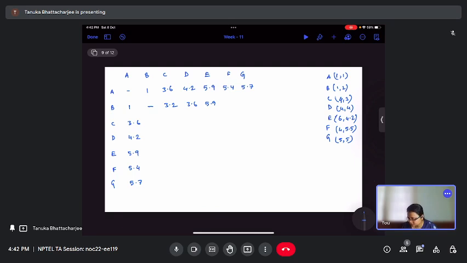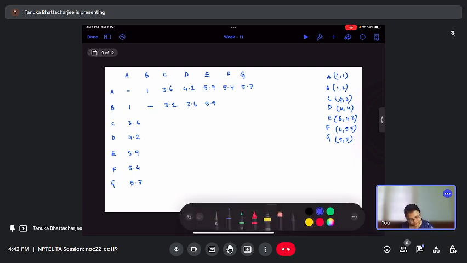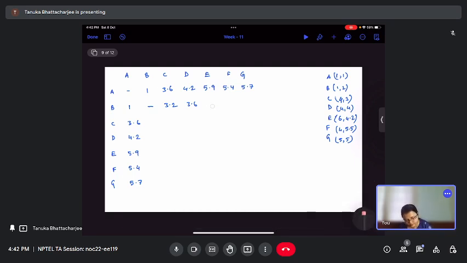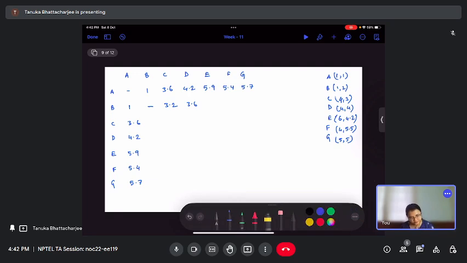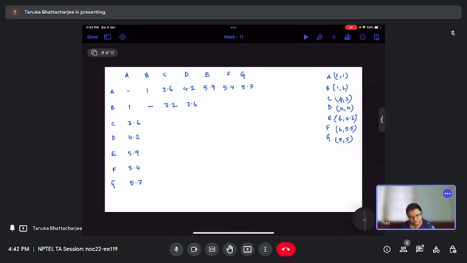Sorry. This is E, so the first difference is 5, the square is 25, plus this one we are considering, the second one is 2.2 squared, this will be 5.5.